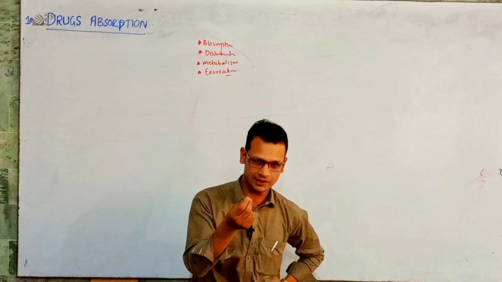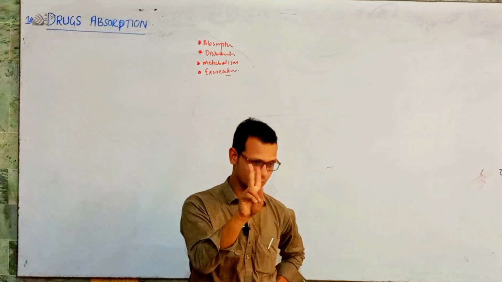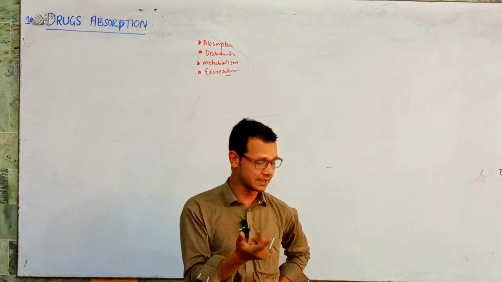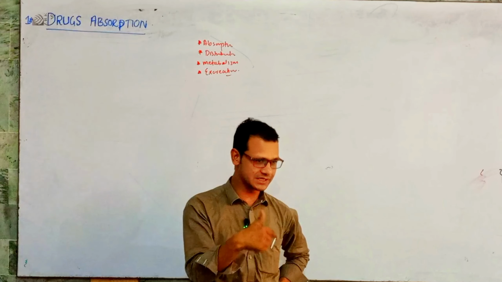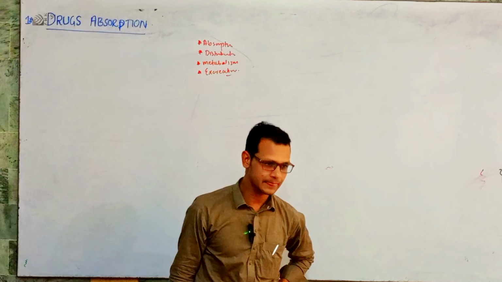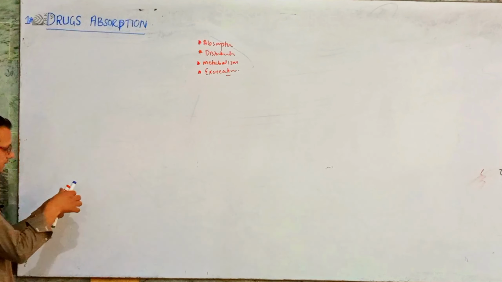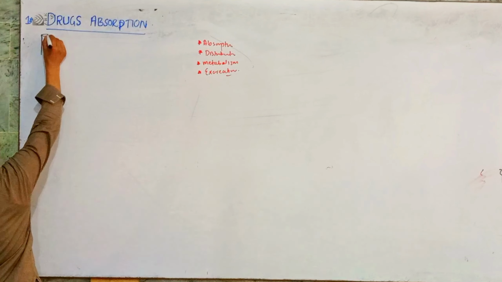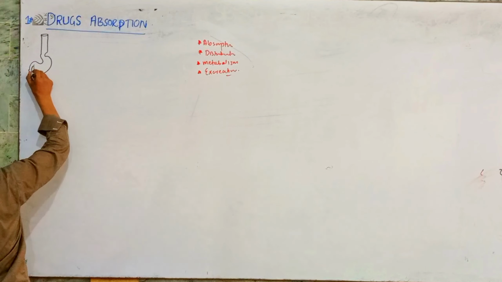If we take the drug orally, it will follow two circulations. One is portal circulation, the second is systemic circulation, right? But if we take a drug by the IV route, it will bypass the liver or portal circulation and directly be added into systemic circulation, right? So the movement of drug from the site of administration.